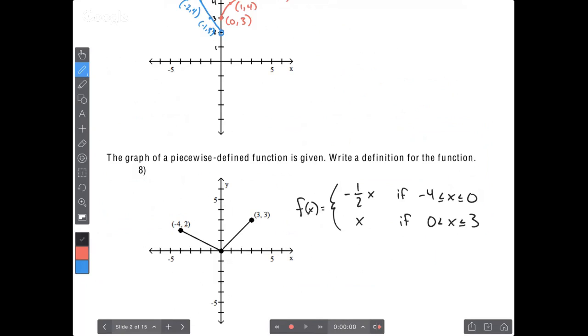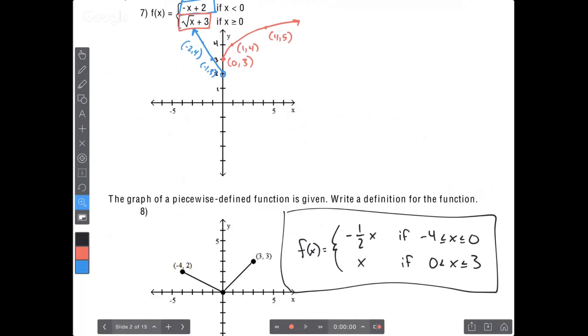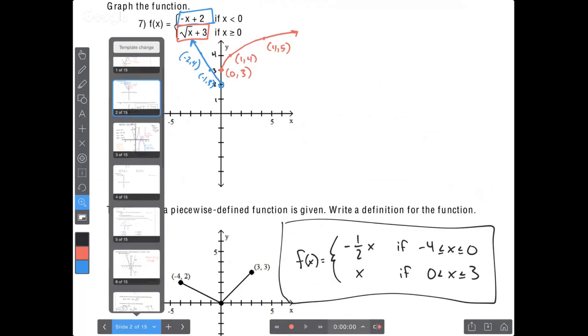Bam. Cool. Some piecewise function work. Any questions on any of that? Before I move on to 13 or 17 as per Lauren's request. Doesn't look like it. 13 or 17.